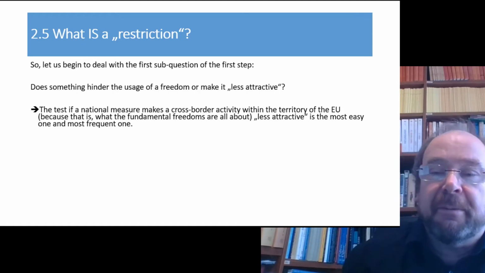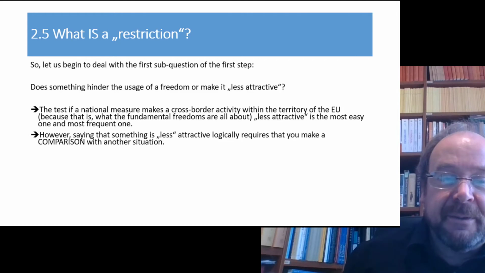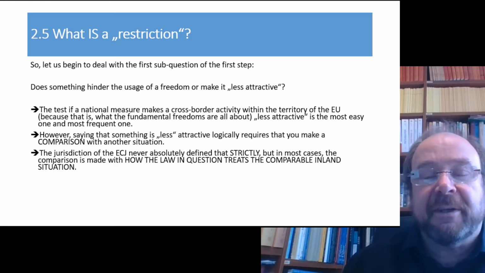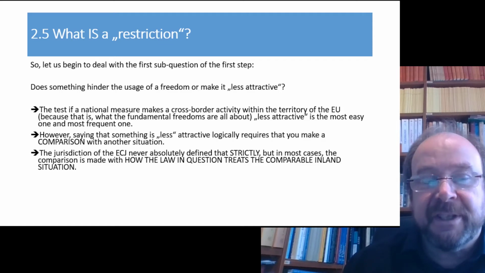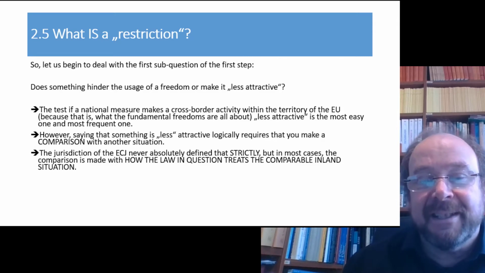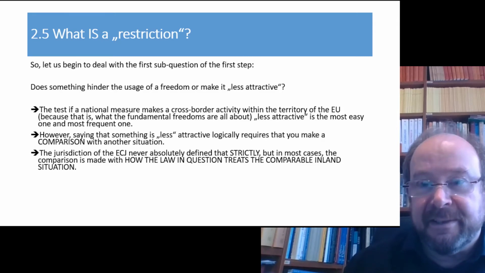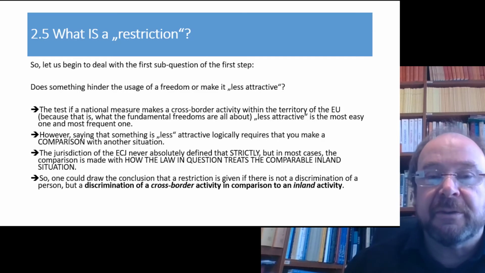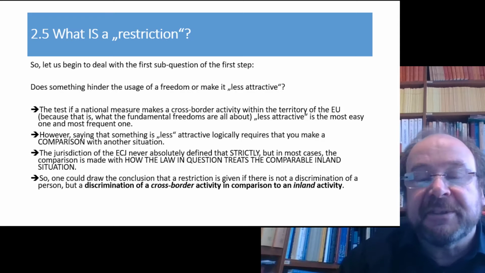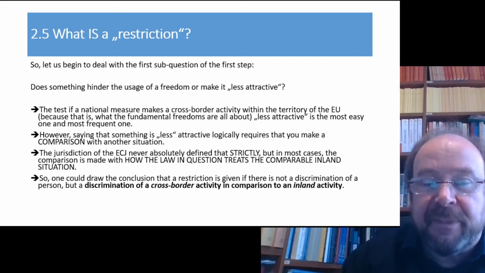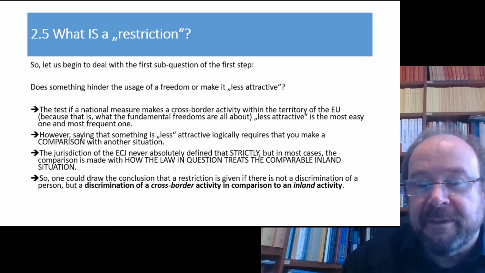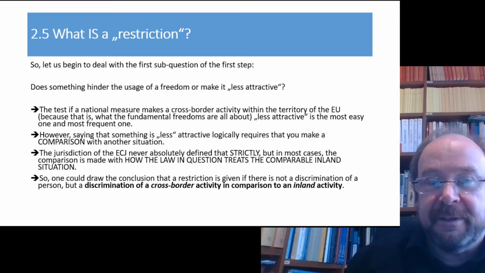So that is probably the wrong comparison. The comparison which the European Court of Justice usually makes in order to find out if something is a restriction is they compare what the law demands in the exactly comparable inland situation. So one could draw the conclusion that a restriction is, when it comes to the less attractive test, the same as discrimination of a cross-border activity in comparison to an inland activity.